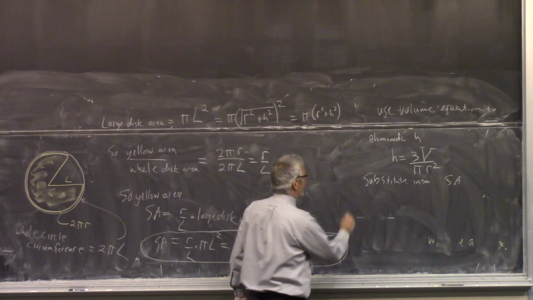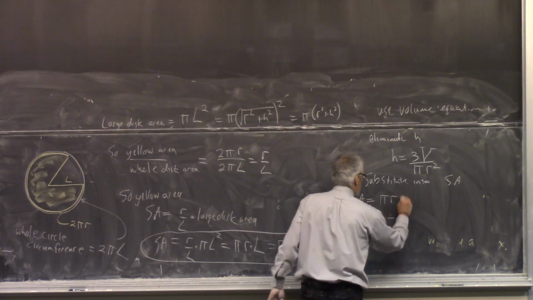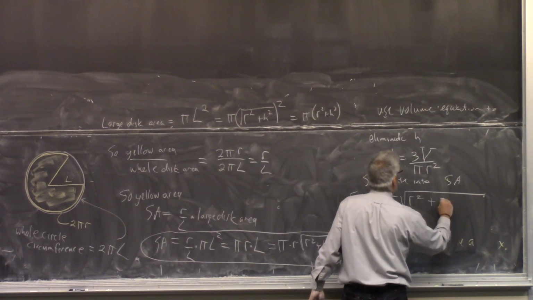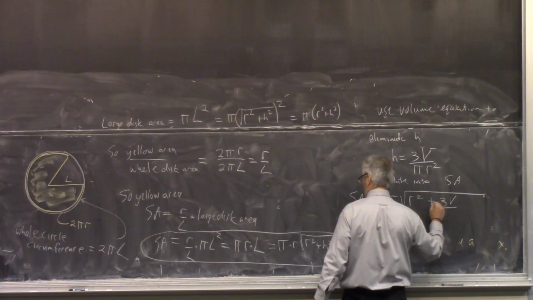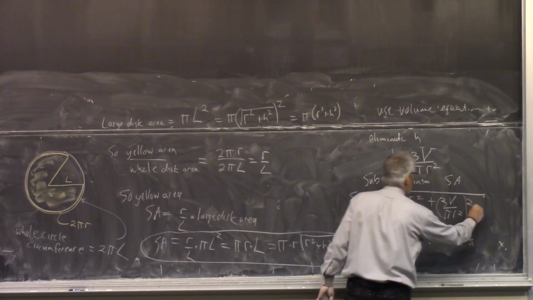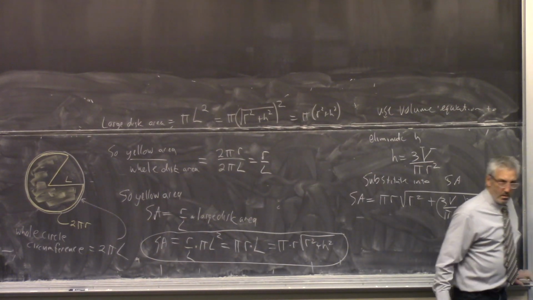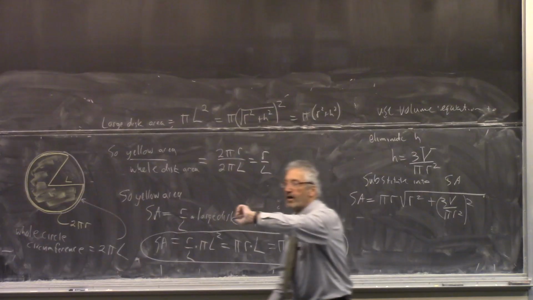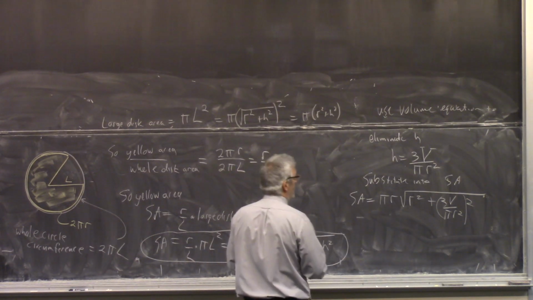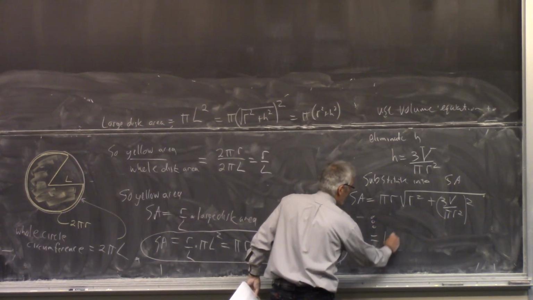So then the surface area is going to be pi times r times the square root of r squared plus (3v over pi r squared) squared. Now, I'm going to fast forward here because I have like 2 minutes. If you simplify this, it can be simplified to the following expression.